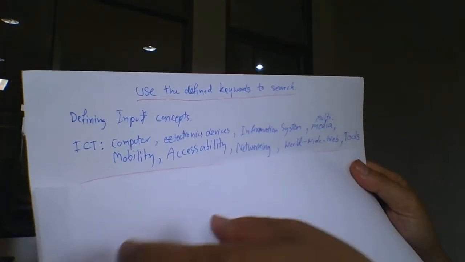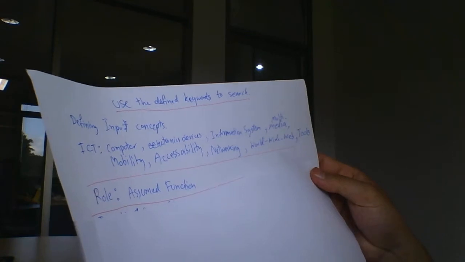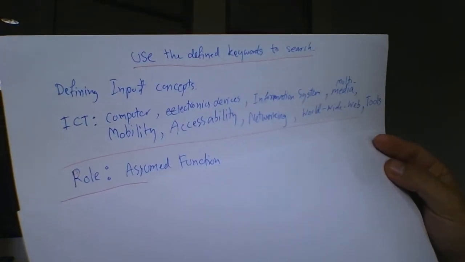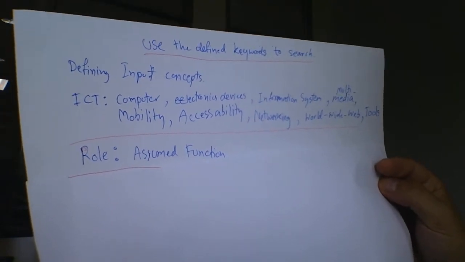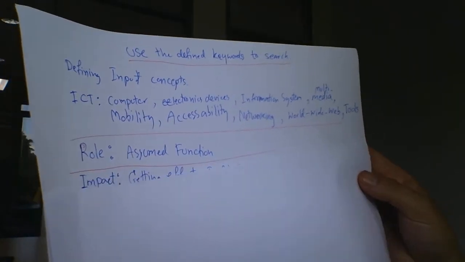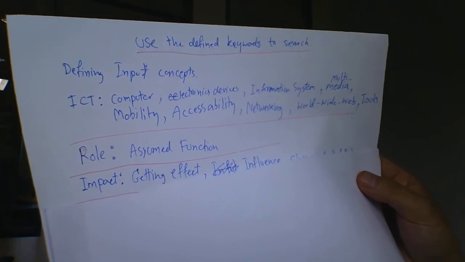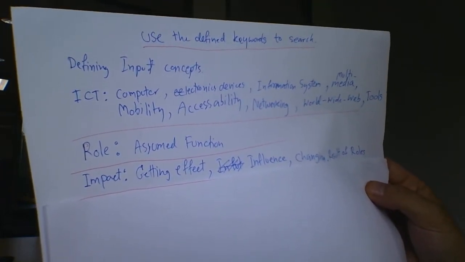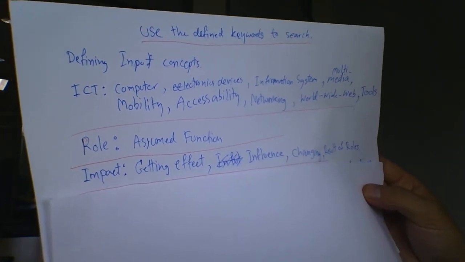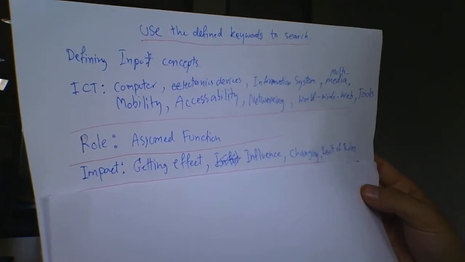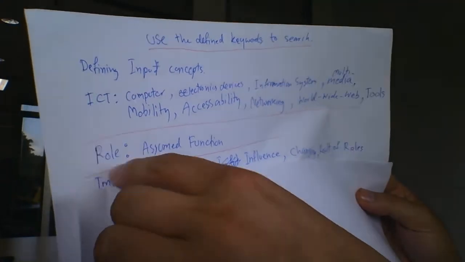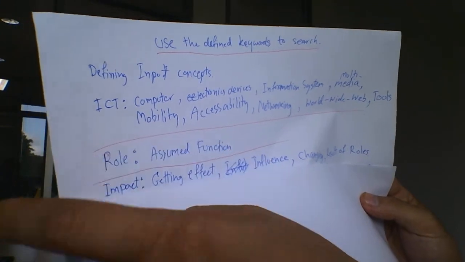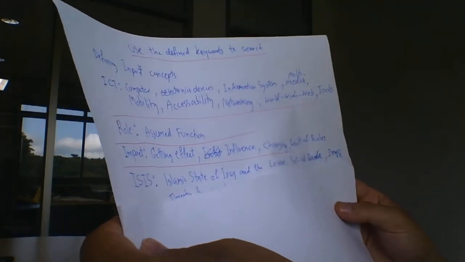They are tools. Role: what does role mean? Role means function. What does it mean by impact? Impact is getting effect, getting influence, or changing, or the result of roles. So you can see that there is a relation between these two concepts. Impact is the result of roles. They are somehow connected to each other.